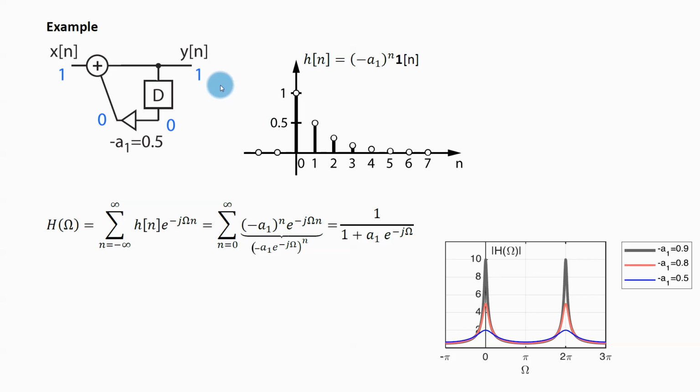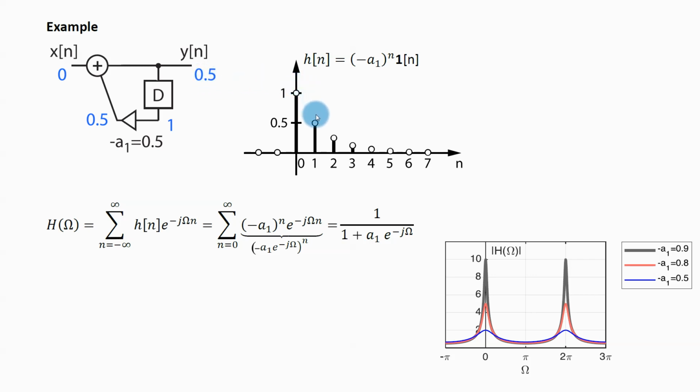Now on the next clock cycle, this number 1 shifts here and 0 comes at the input. After this multiplication, I will get 0.5 here, to which I will add 0, and I will get 0.5 at the output.